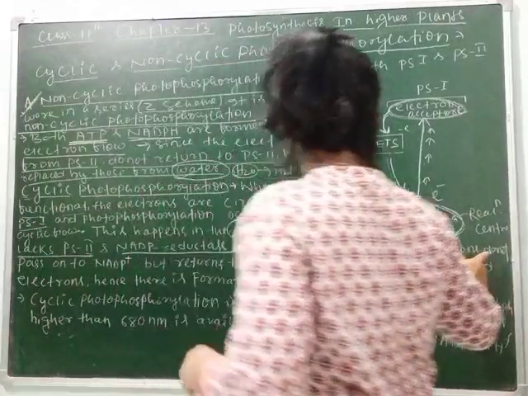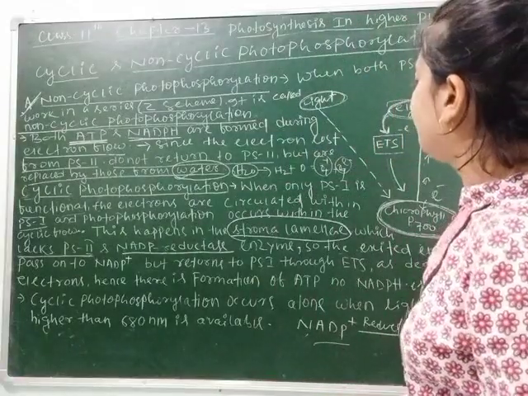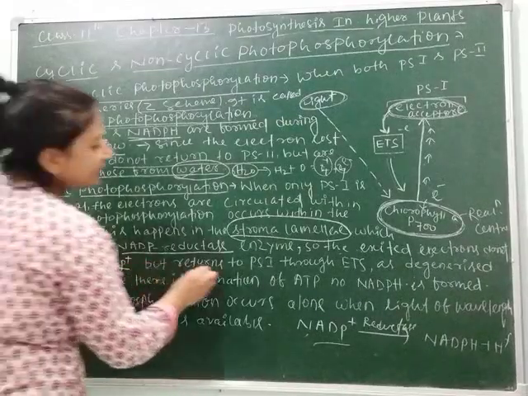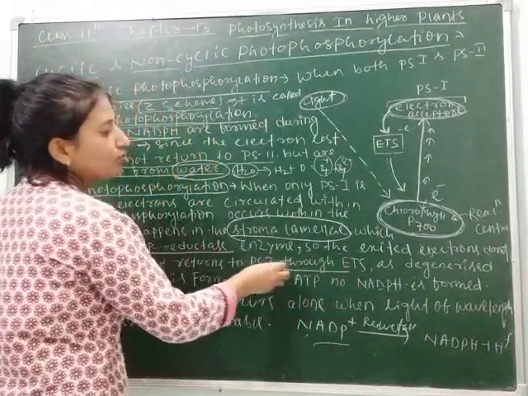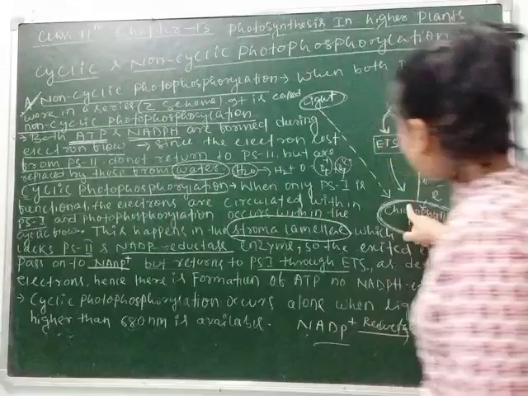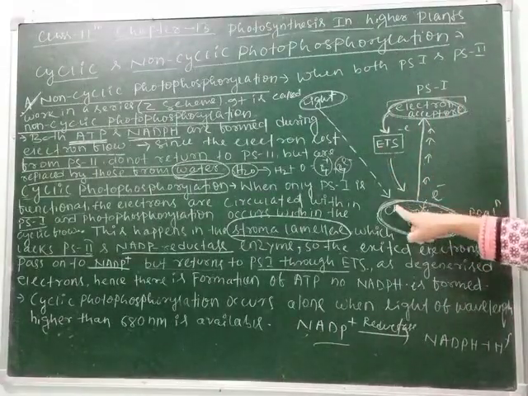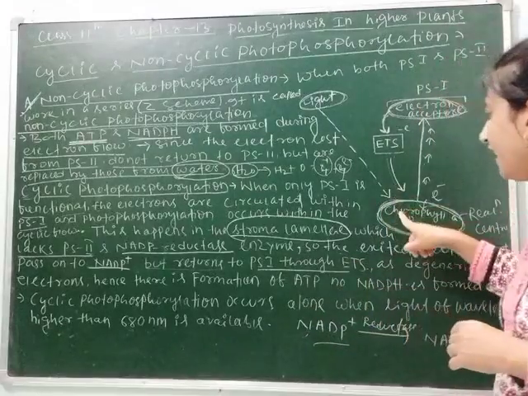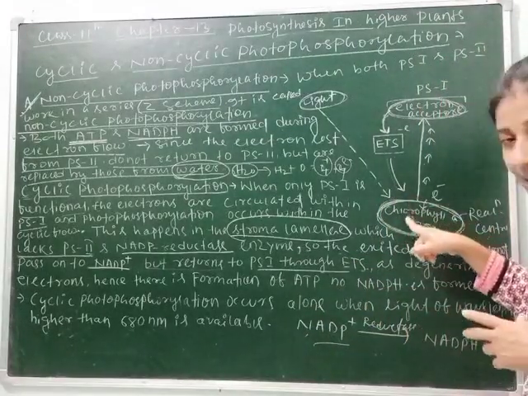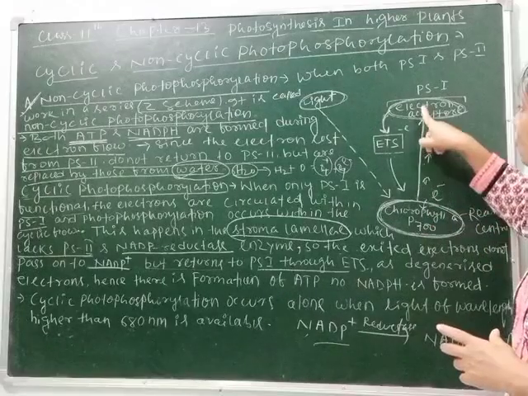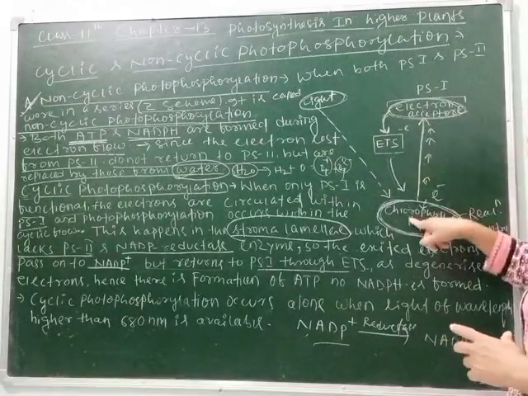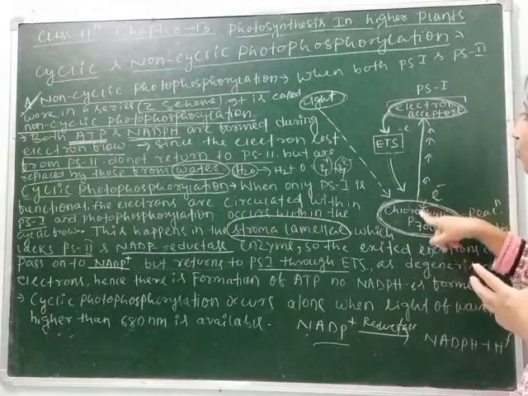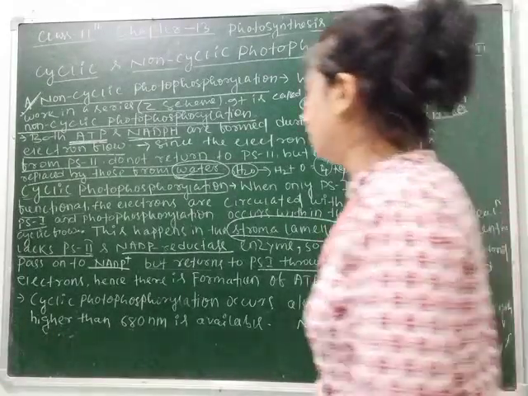The excited electrons do not pass on to NADP plus but return to PS1 through ETS, as I have told you, as it lacks NADP reductase as well as PS2. So PS2 and NADP reductase enzyme are absent here. So the electron goes towards the electron acceptor, again returns to the same place, means towards PS1 through the electron transport system. Clear?